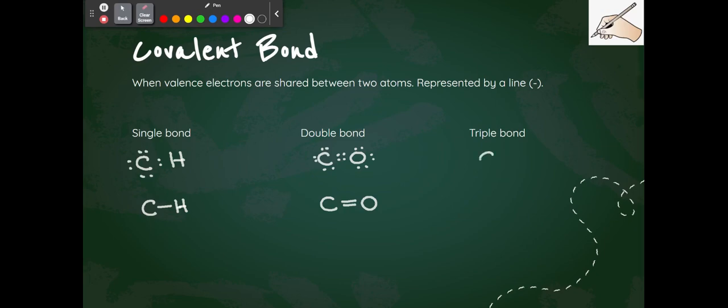We could also have triple bonds, which is when 6 valence electrons are shared between 2 atoms, and we would represent that with 3 lines, like so. Again, as a reminder, at any point, please pause your video to record this in your notes before moving on.